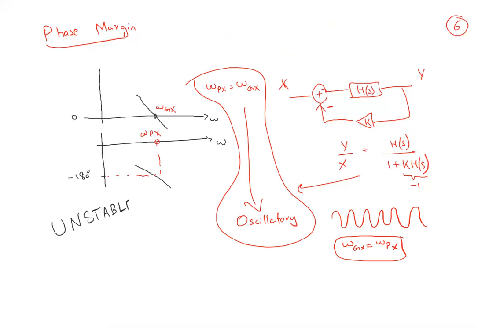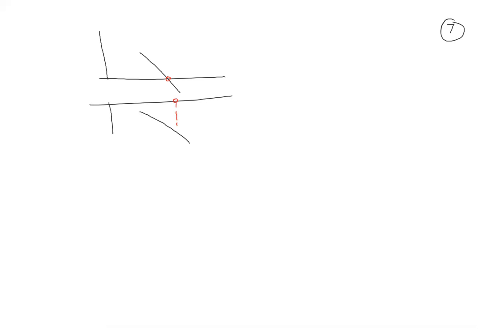What about the other condition? Let me bring them a little bit nearer to each other. If we do this, suppose you had this, and this is your magnitude. So we just draw that this is my gain crossover, and this is somehow my phase crossover. Gain is here. If phase is greater than gain, meaning here it is getting -180, though omega px is greater than omega gx, but the margin is less.